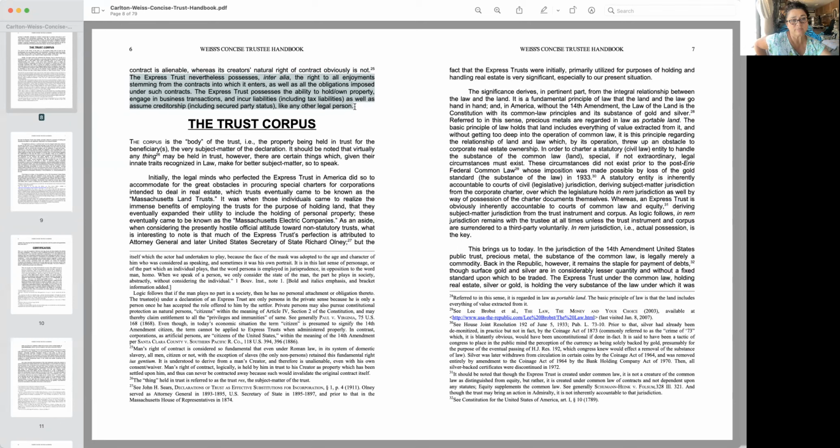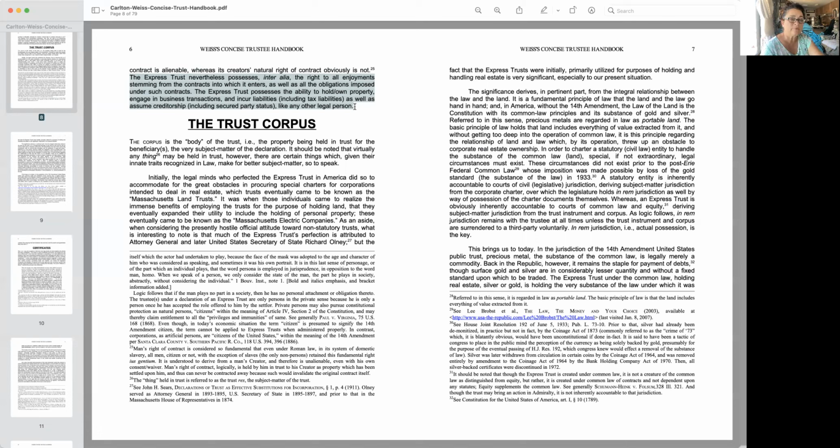The express trust possesses the ability to hold and own property, engage in business transactions, and incur liabilities, including tax liabilities, as well as assume creditorship, including secured party status, like any other legal person. Okay.